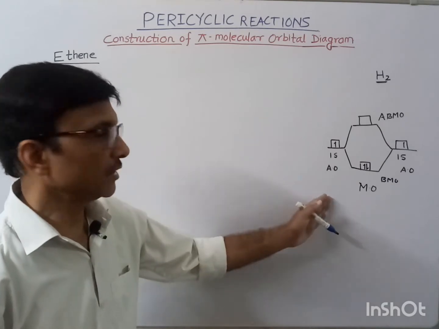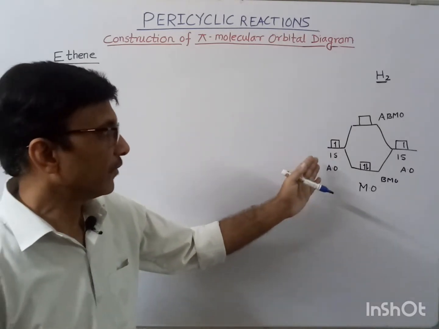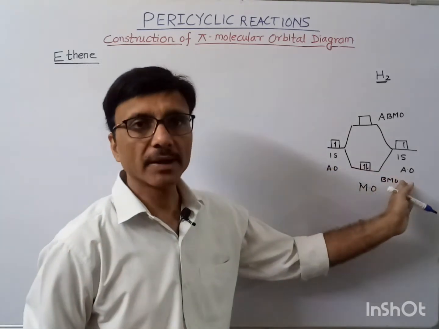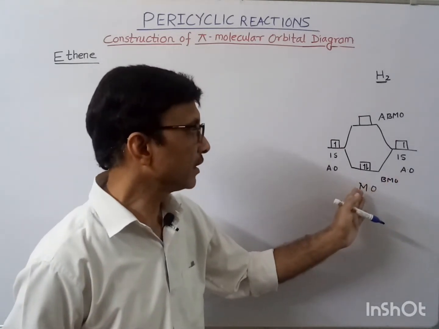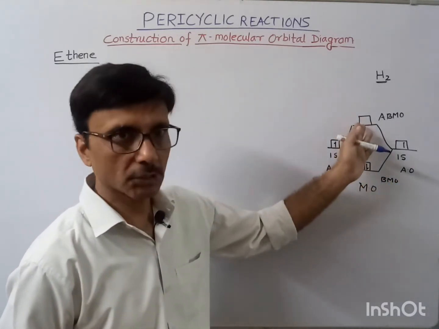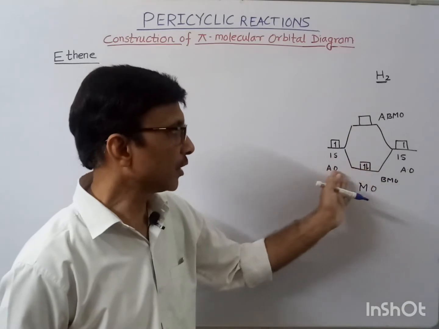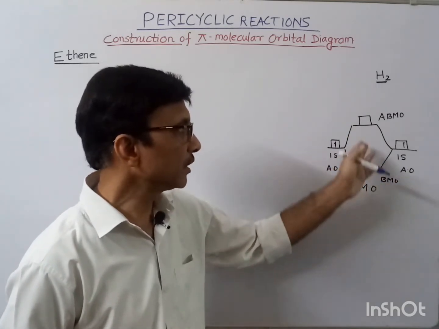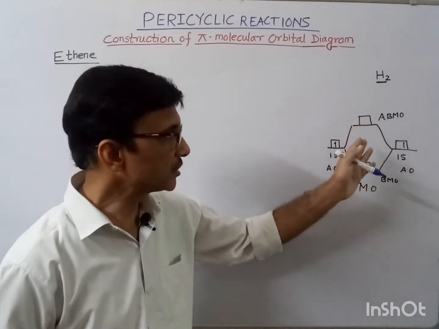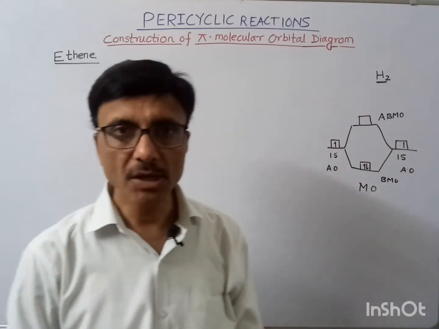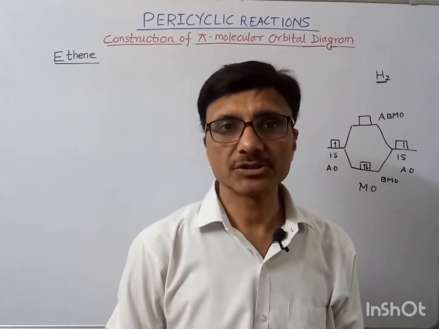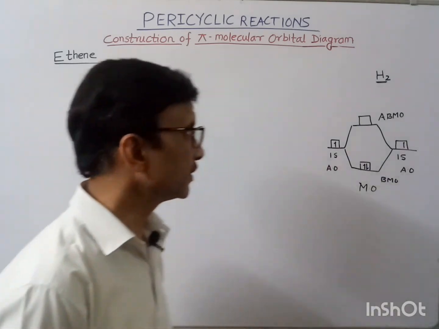So what we have seen is, when 2 atomic orbitals combine, they give the same number of molecular orbitals, that is 2. 2 atomic orbitals combine to give 2 molecular orbitals. This is one of the main points for the construction of molecular orbitals.